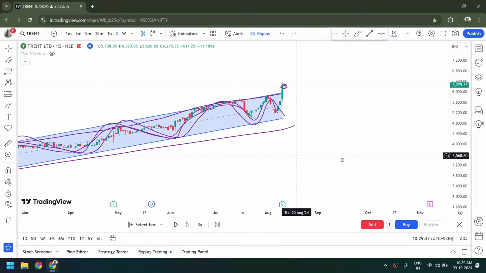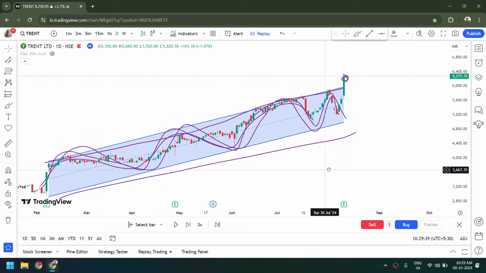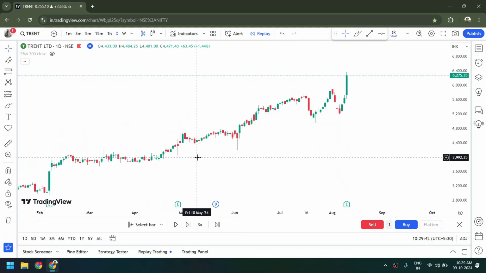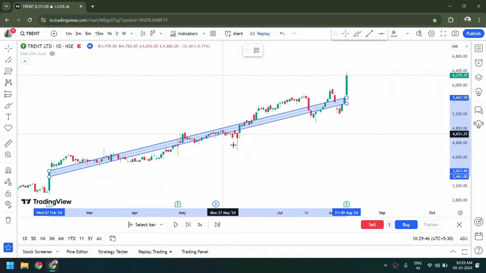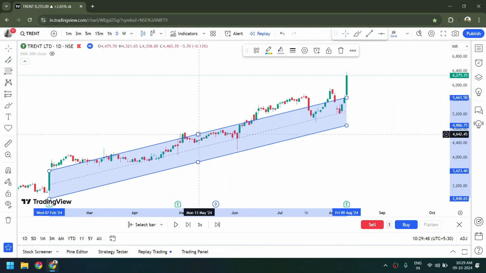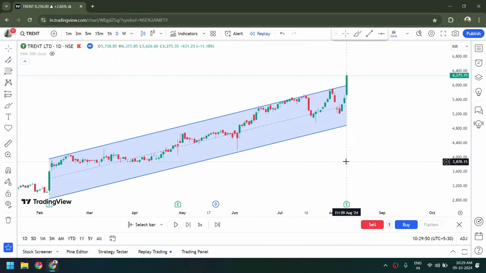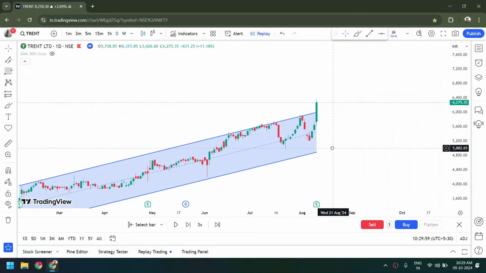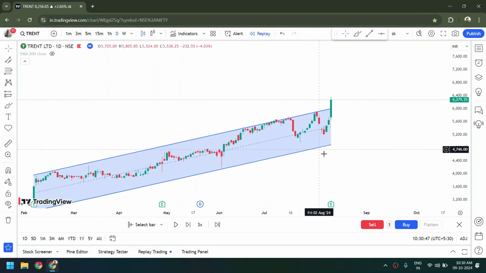I will zoom in a little bit so that you can see it clearly, and I will remove the drawings. Here you can see the price is breaking out from this range, from this channel, and I entered on the next day.